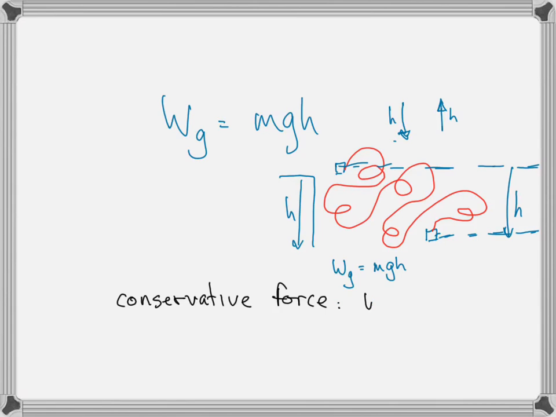It says that the work done is path independent. The work done between the initial point and the final point, doesn't matter how you got there, is path independent. Now, is there such a thing as a non-conservative force?